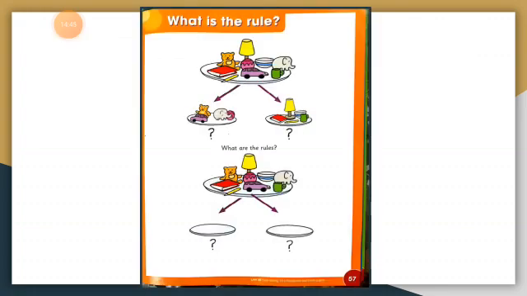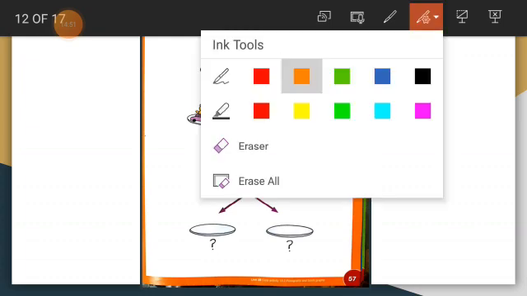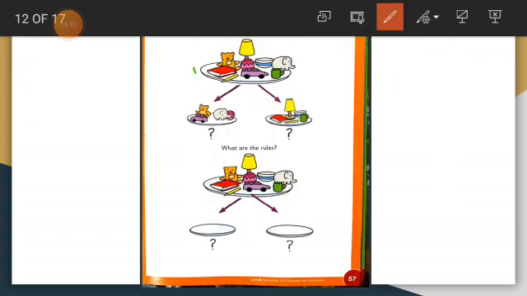Now see what we have on page number 57. Yes, you can see on page number 57, on this table, we have different objects. We are going to sort out the things. The rule is, first of all, from the table, sort out all the toys.